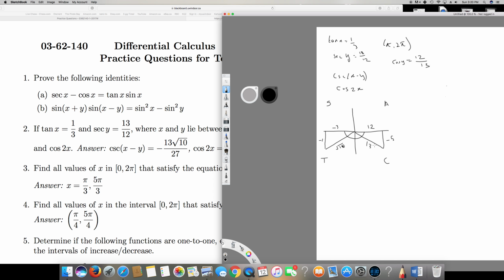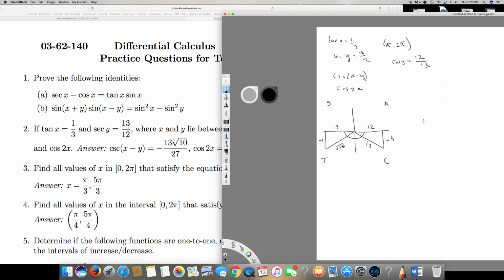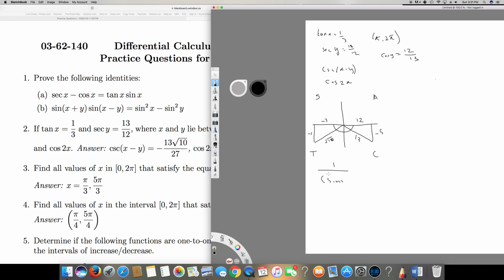So these are our values, and what is the question asking? Evaluate cosec x minus y. So cosec means 1 over sine x minus y.